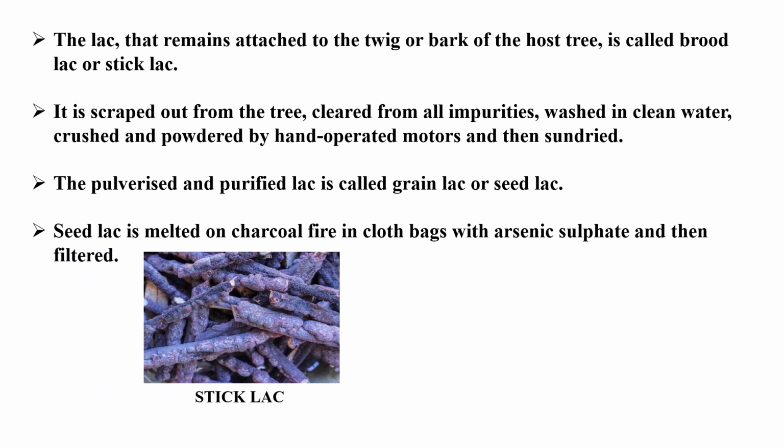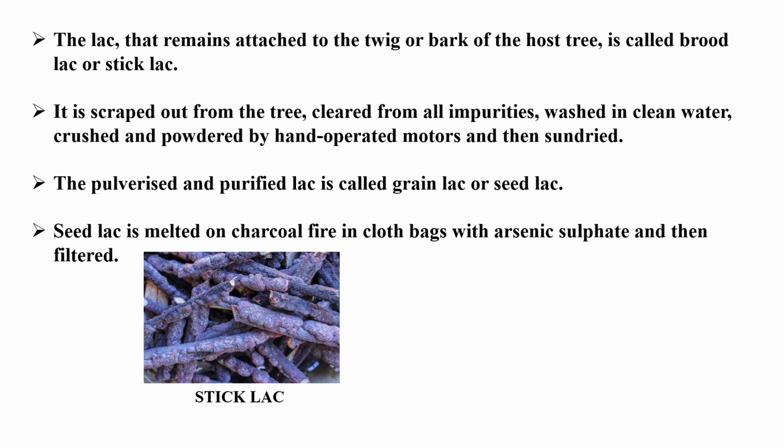It is scraped out from the tree, cleared from all impurities, washed in clean water, crushed and powdered by hand operated mortars, and then sun dried. The pulverized and purified lac is called grain lac or seed lac.